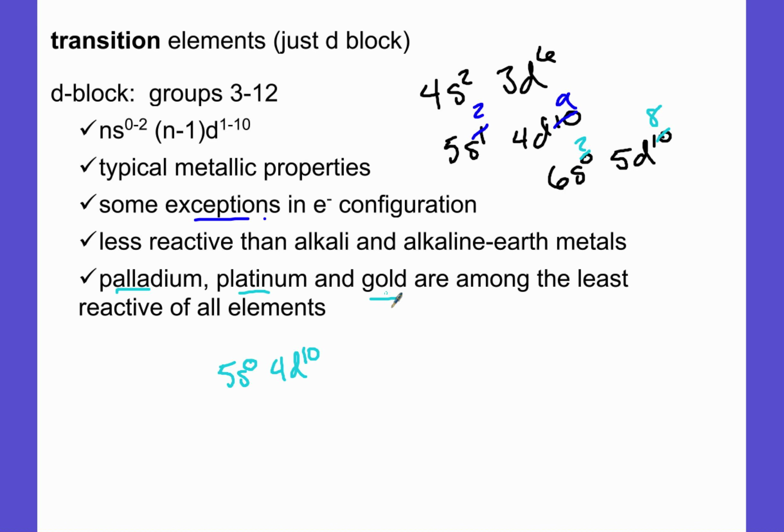Now, gold's on this list too, and gold is a precious metal, right? And gold also happens to be expensive, just like platinum and palladium, right? But what makes them expensive is not necessarily their abundance, right? That there's not that much gold, that's true. But the reason why gold is so much more valuable than other metals is because it's so unreactive that it lasts the test of time.